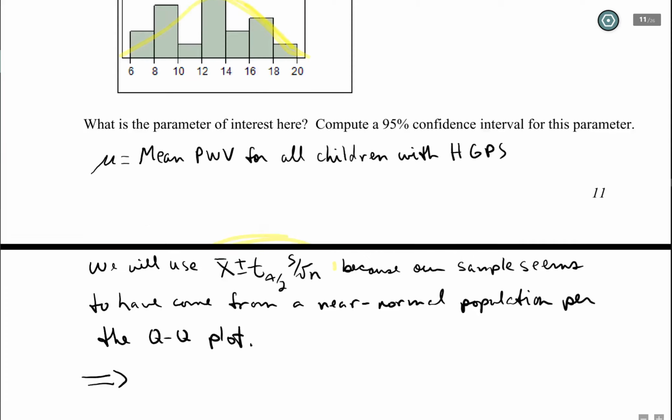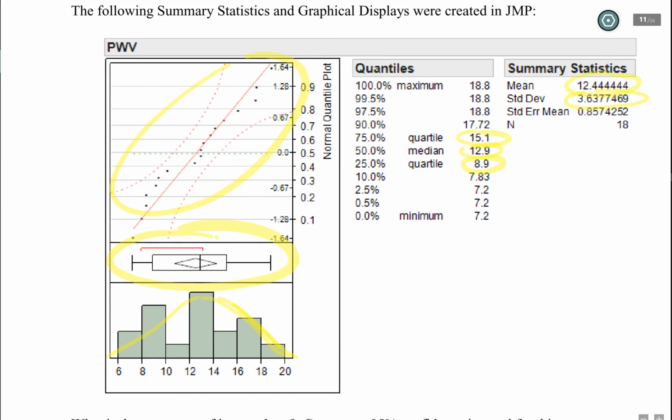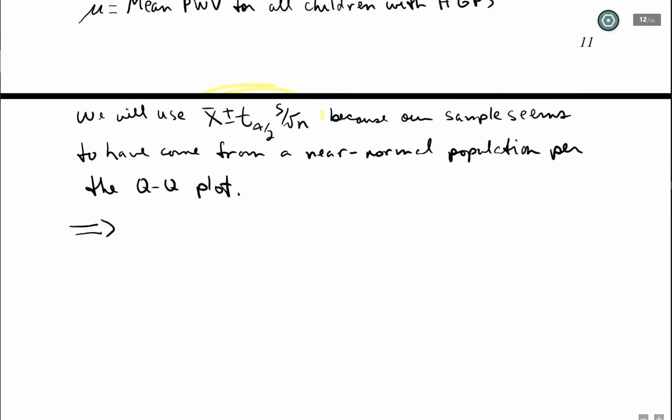X bar, that's the sample mean here, right? This is X bar, and this is S. Okay, the sample mean is 12.44 plus or minus. Now I've got to plug in my t value. If you look up on your t distribution table, the degrees of freedom is n minus 1.